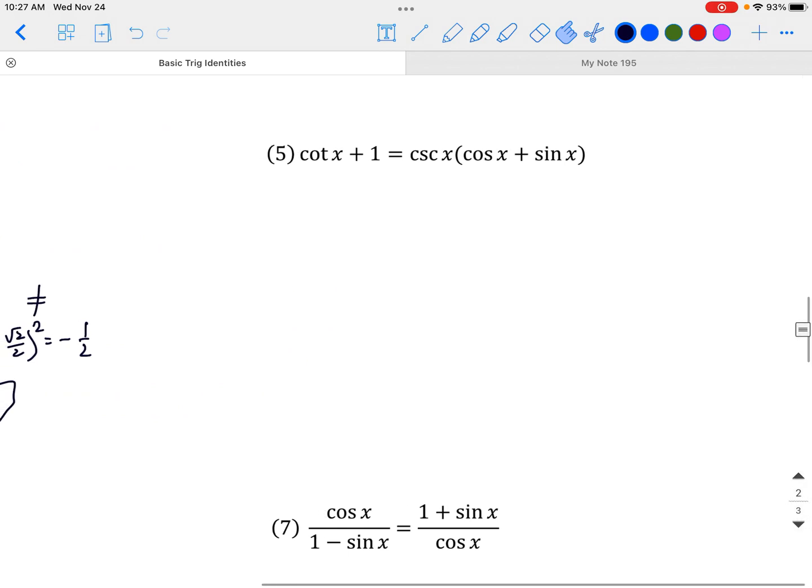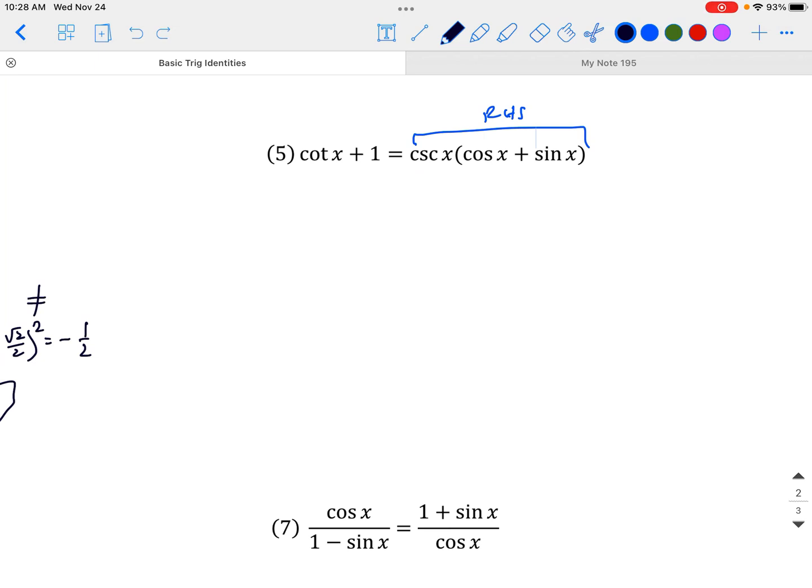All right, so number 5, we've got cotangent x plus 1 is equal to cosecant x times cosine x plus sine x. So this one you can kind of do either way, it looks like. We've got some expressions we could rewrite here. But I think we're going to want to choose the right-hand side again, and really it's because of that cosecant.